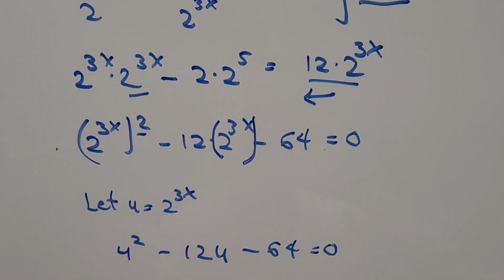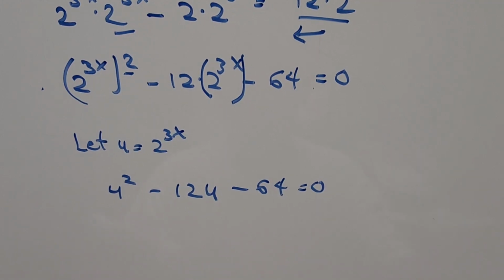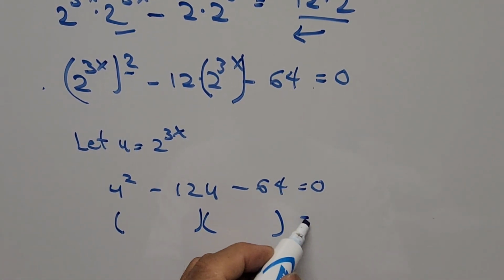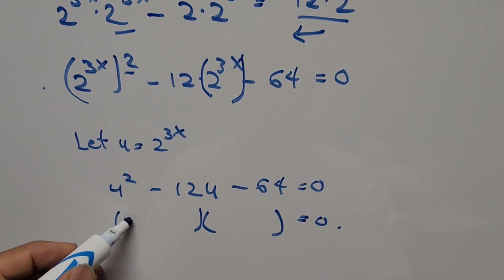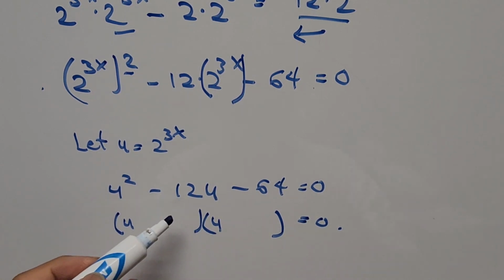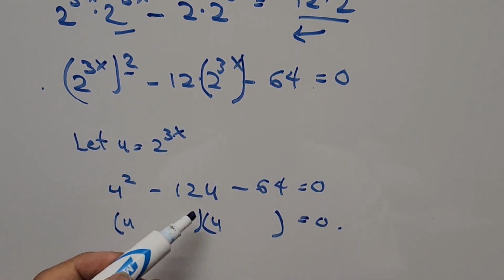From here, we can use the quadratic formula to find the value of u, or we can also use factoring. We use factoring. So we have u and u, and what are the factors of negative 64 that, when added up, give negative 12?